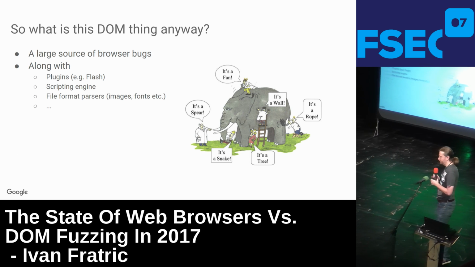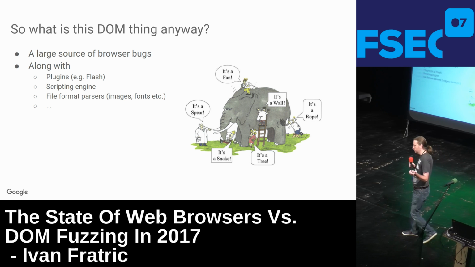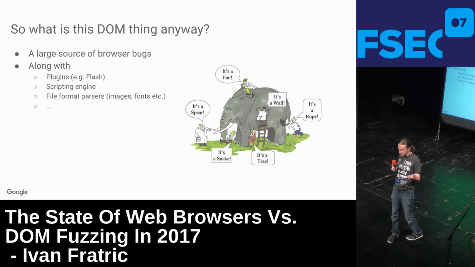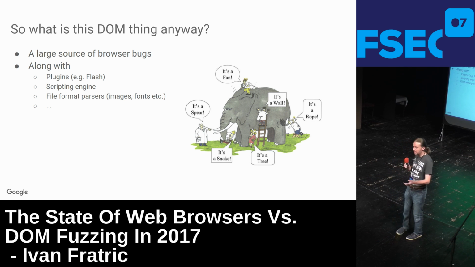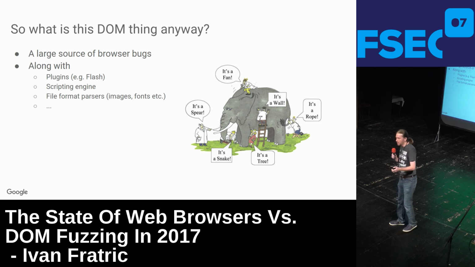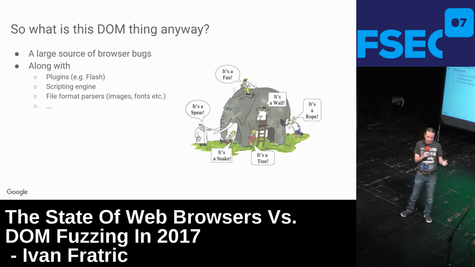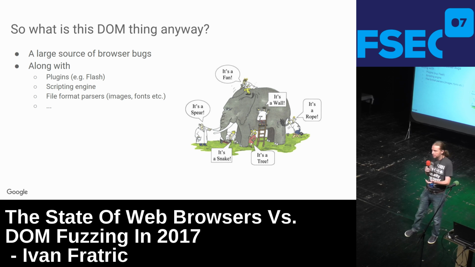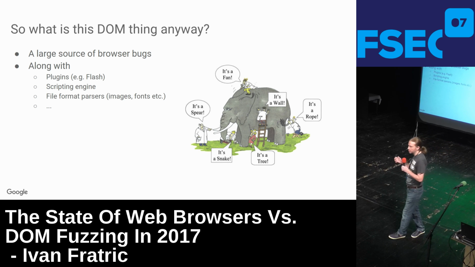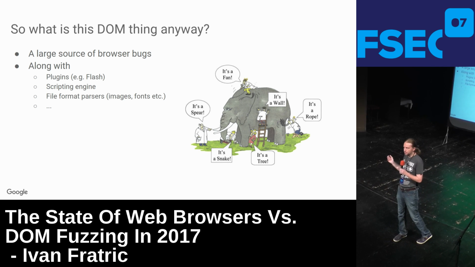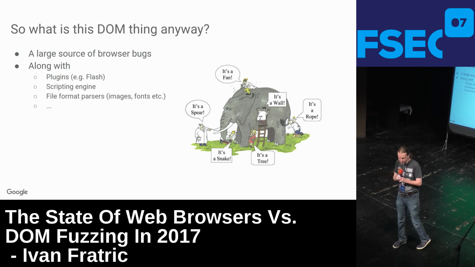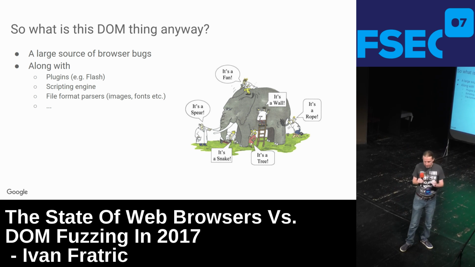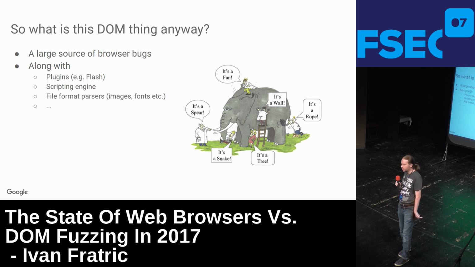Right. So each browser basically needs to have a component that implements all of these DOM objects together with their properties and methods. And this component of the browser is called a DOM engine. And historically, DOM engines have been a great source of browser vulnerabilities. That is, of course, not to say that they have been the only source of web browser vulnerabilities.